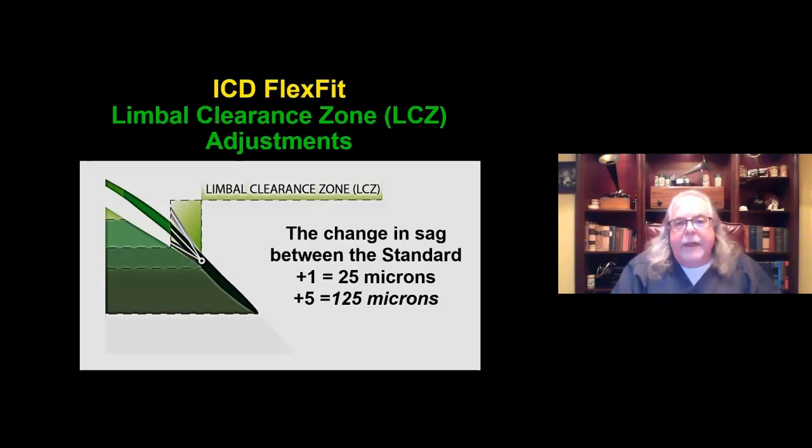And here again, clinically, I like to work in these larger increments to begin with, these 125 micron increments, where I can physically see a clinical change taking place in the fluorescein pattern.